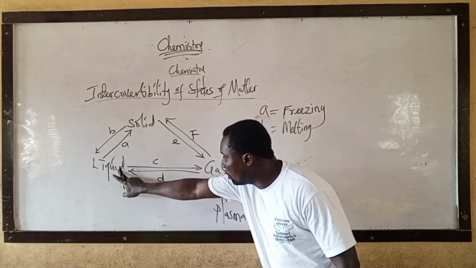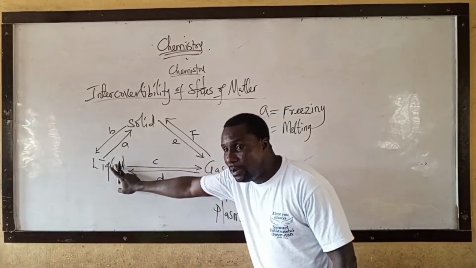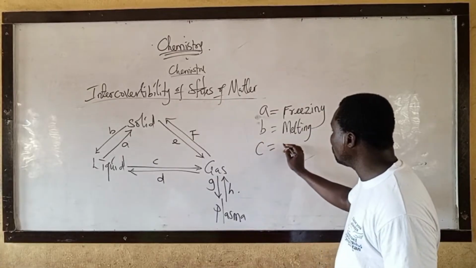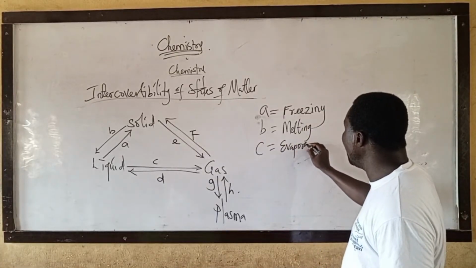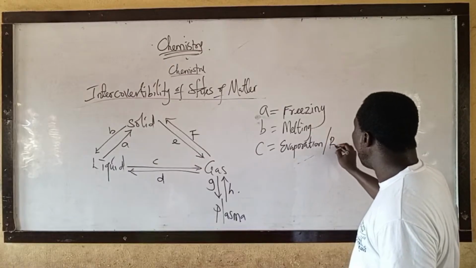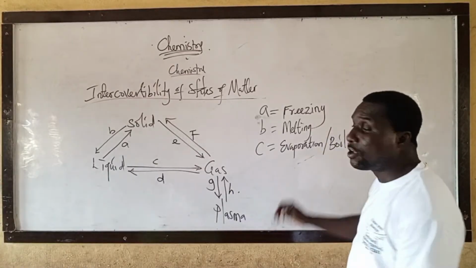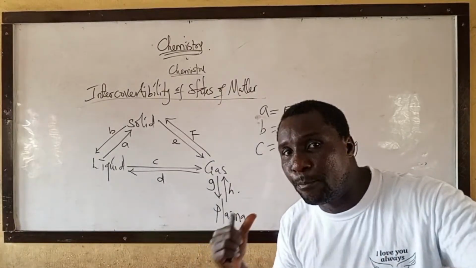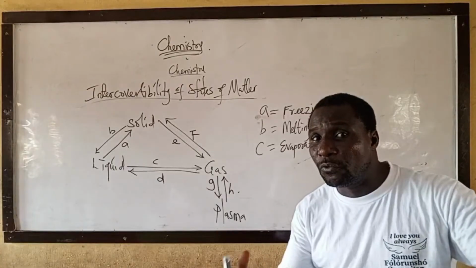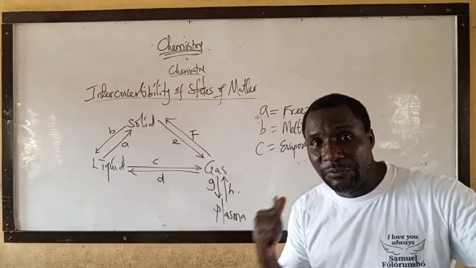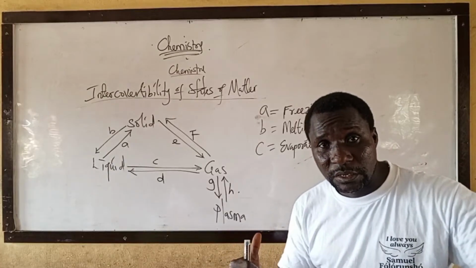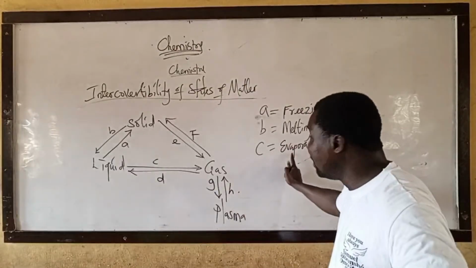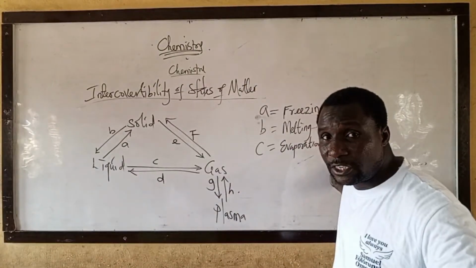Look at this. C. From liquid to gas. That process is what? Evaporation, or you can call it boiling. And take note, class, there are differences between evaporation and boiling when you get to physics, even in chemistry. Evaporation is a slow process. Boiling is a fast process.